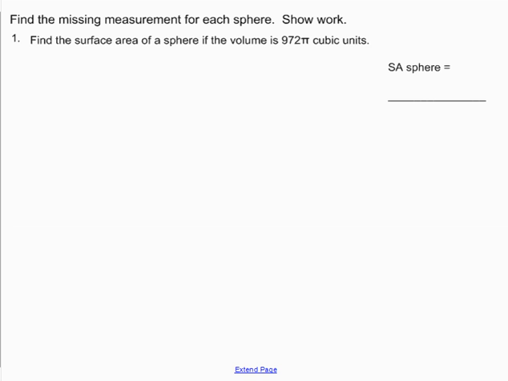So now we have to find the missing measurement. They want us to find the surface area of a sphere if the volume is 972 pi. All right, that looks crazy, but it's really not too bad, because I'm going to use the formula for volume, and then I'm going to just plug things in.